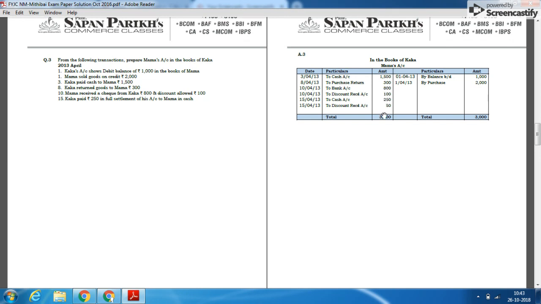Kaka paid 250 in full and final settlement of his account. So here you will have to prepare a working note. The total of the credit is 3000 minus the total of debits excluding these last two transactions. 1500 plus 300 is 1800 plus 800 is 2600 plus 100 is 2700 less 3000, which means what we have to pay is 300, and we are settling by paying 250, which means we are getting a discount of 50.